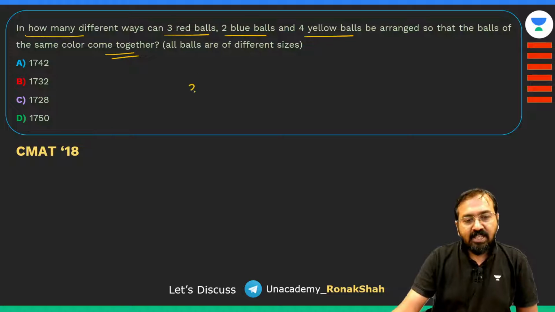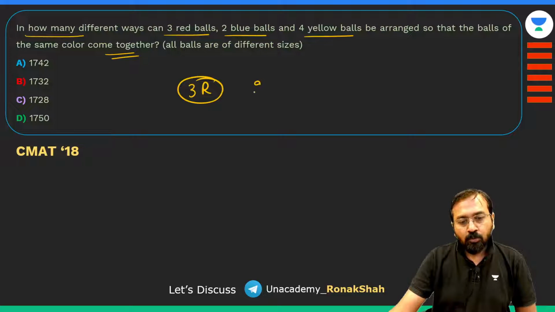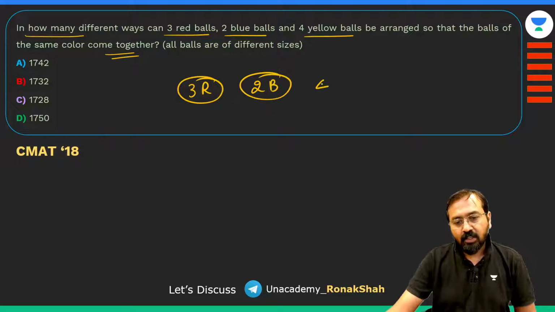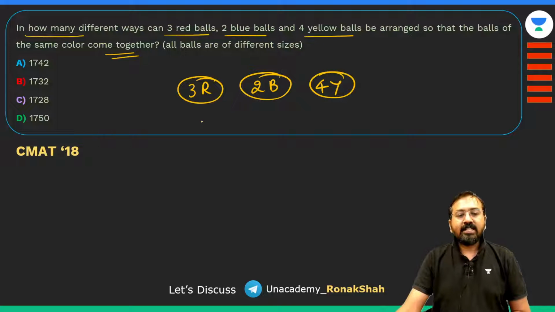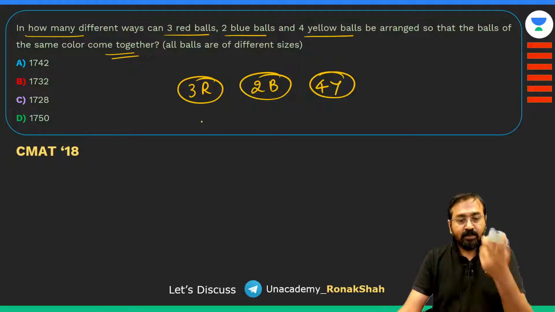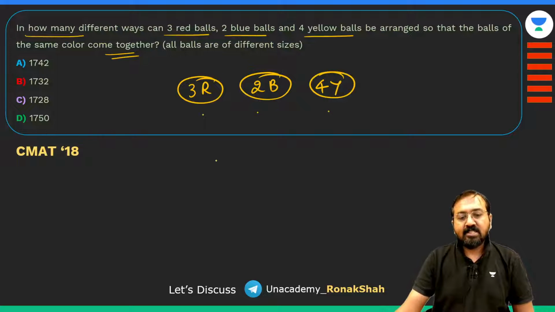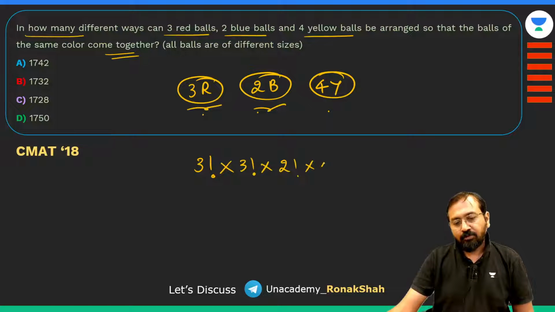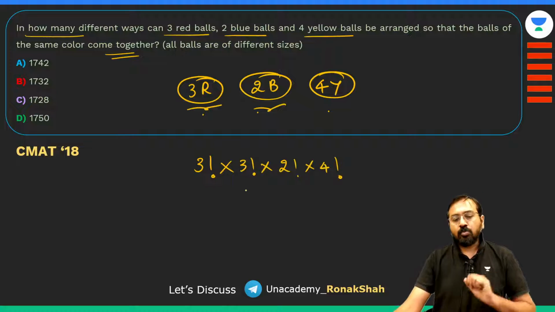So guys, we have 3 red balls, 2 blue balls and 4 yellow balls, and we need to arrange them such that balls of the same color are together. So first of all, we'll arrange these three bunches. Three bunches can be arranged in 3 factorial ways, and the balls internally can be arranged in 3 factorial, 2 factorial, and 4 factorial ways. Now, this is what we need to solve.